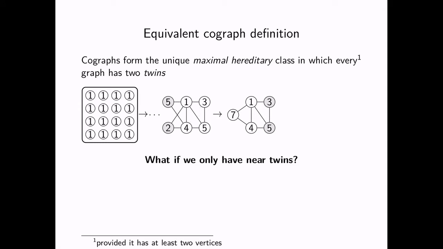Fair enough. Can we go a bit further than cographs? So it seems that it's working quite well. Maybe we can solve maximum independent set in a slightly more general class of graphs. So what if you don't find exact twins, like 5 and 2 were, but at some point you're stuck with things that are almost twins, like 3 and 5, they differ only on the vertex labeled with 4.